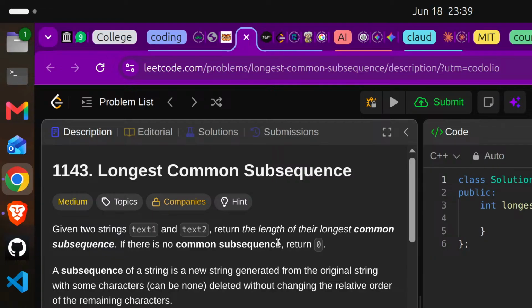Correct. How will we solve this? I think I am missing some point here. I think I am missing some point.